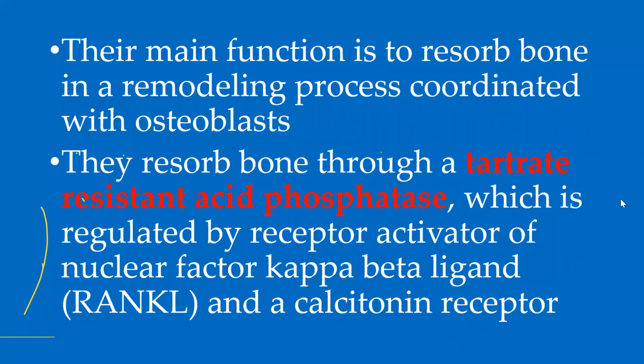We call it RANKL. It's easy for you and for me. And a calcitonin receptor. So I repeat, they resorb bone through a tartrate resistant acid phosphatase. Keep this in mind. This is regulated by two things, RANKL and the calcitonin receptor. Don't forget this.